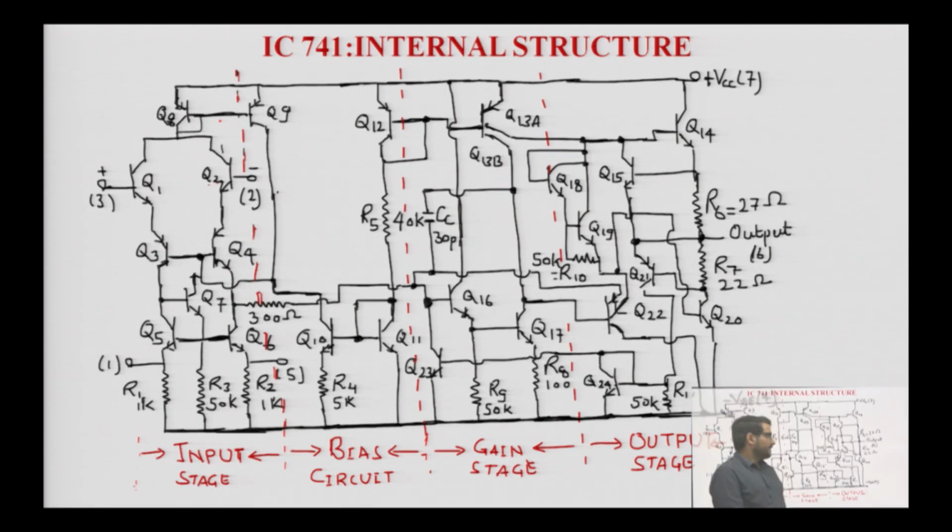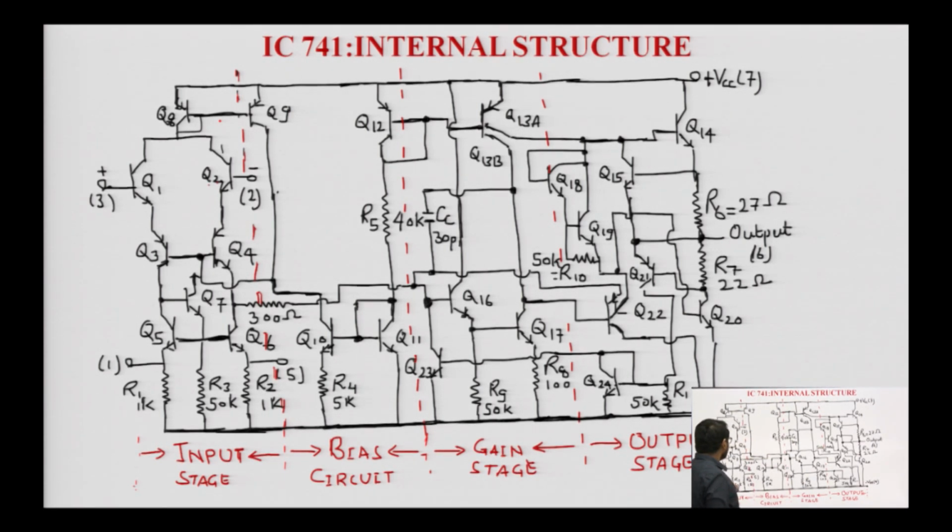This internal circuit contains 4 stages, basically the input stage, circuit bias, gain stage and output stage. The input stage contains the transistors Q1 to Q7, and 2 additional transistors, Q8 and Q9, form the current mirror circuit for the input stage.